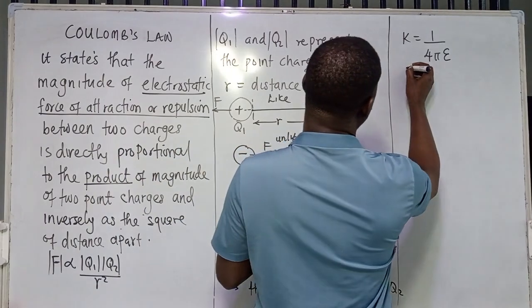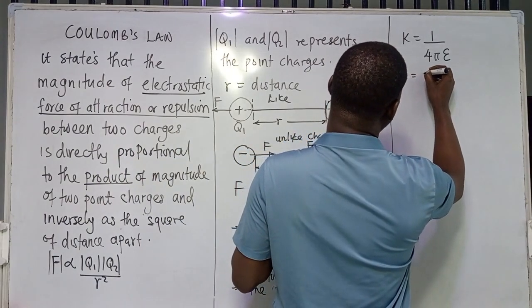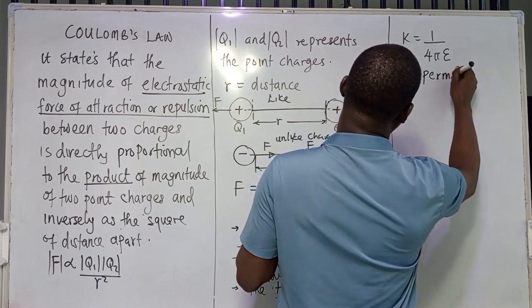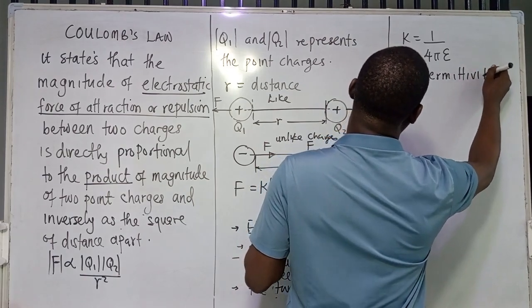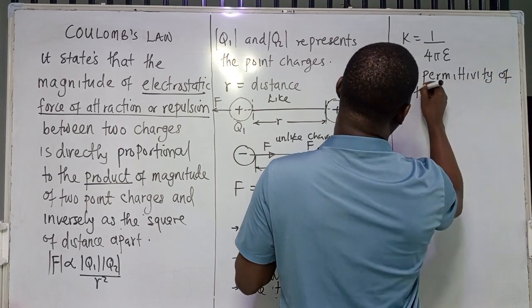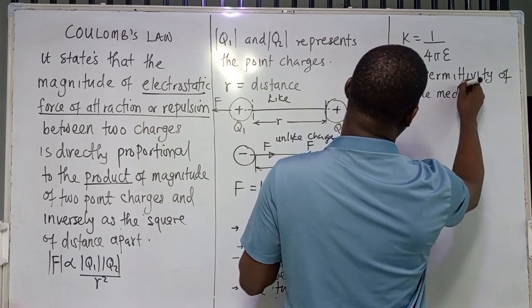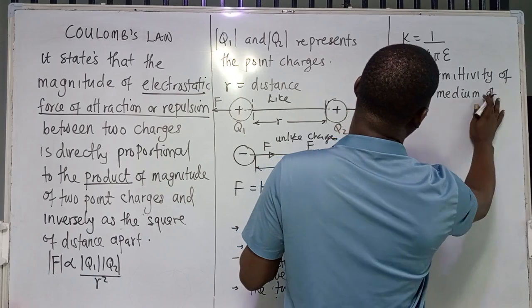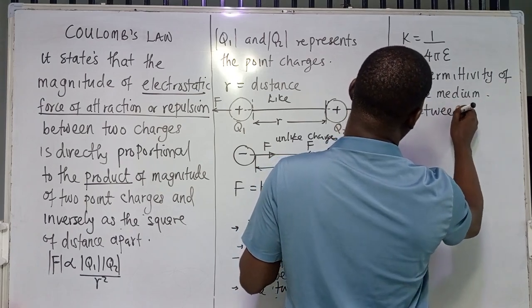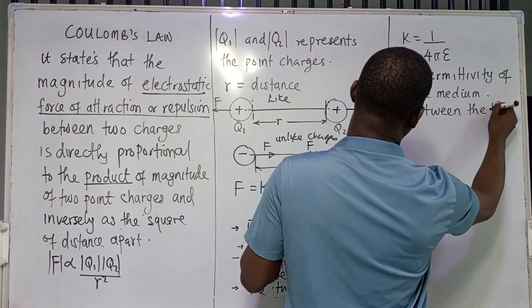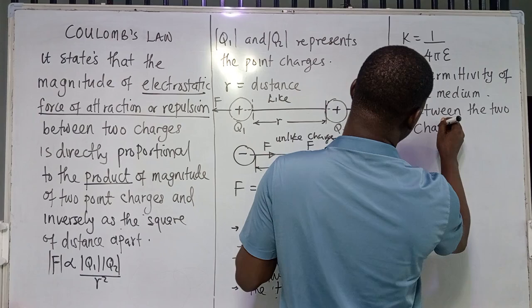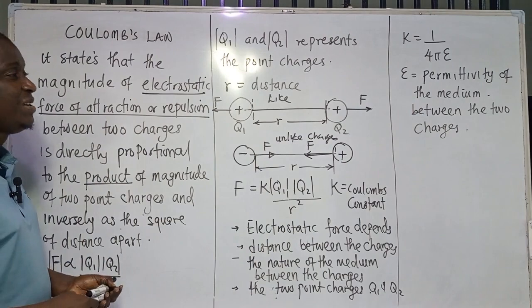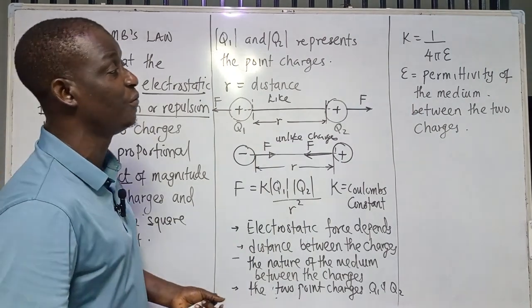Epsilon is called the permittivity of the medium between the two charges.